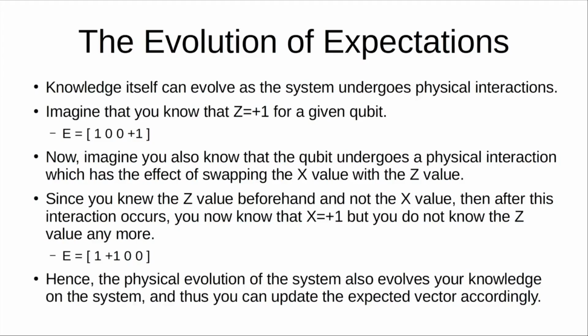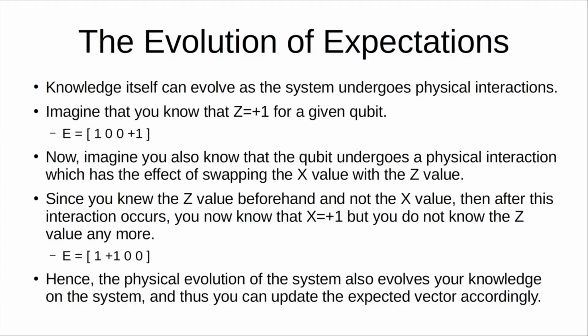Now imagine that you also know that the qubit then proceeds to undergo a physical interaction which has the effect of swapping the qubit's x and z value. So at first you knew the z value was +1, but you didn't know the x value. But then an interaction occurs which swaps the values. So by logical extension, you now know the x value and not the z value. In this case, you know the x value to be +1.